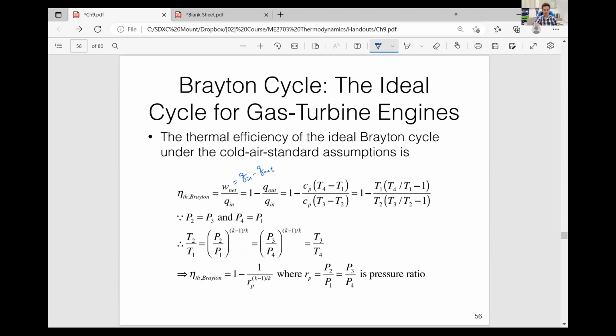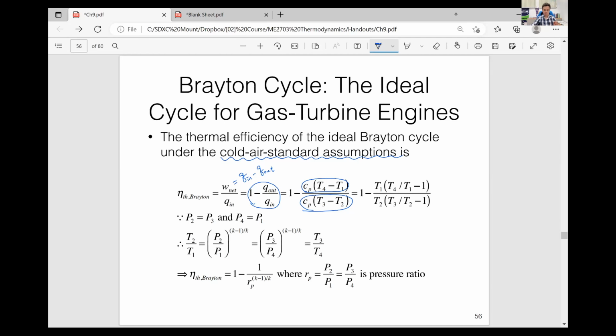This is exactly the same as the definition of the thermal efficiency for the Otto cycle and diesel cycle. So it's 1 minus Q out over Q in. And don't forget, we can write it like this because we apply the cold air standard assumptions.